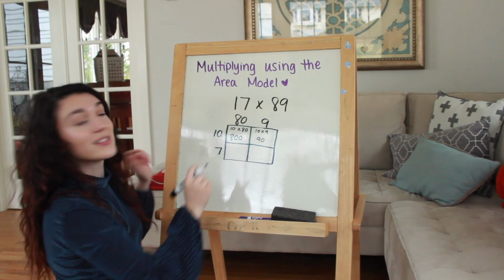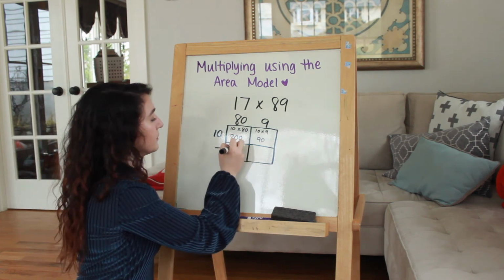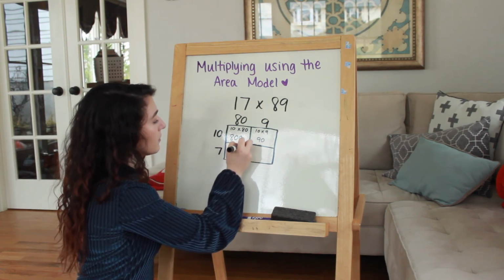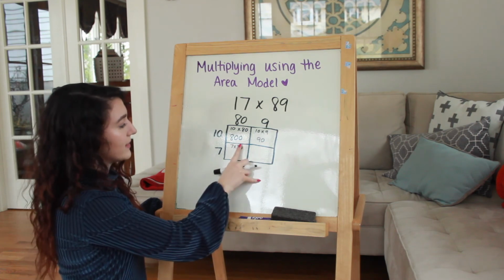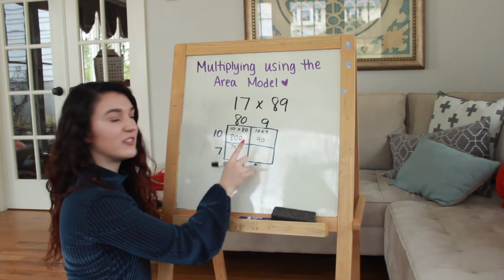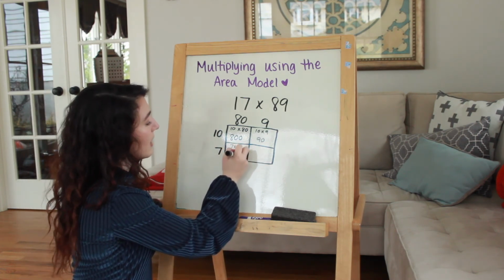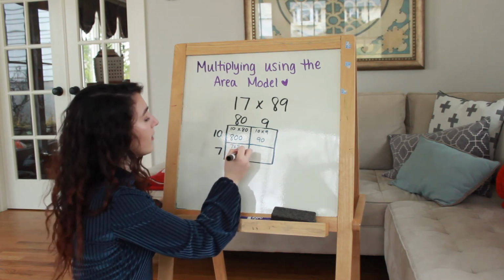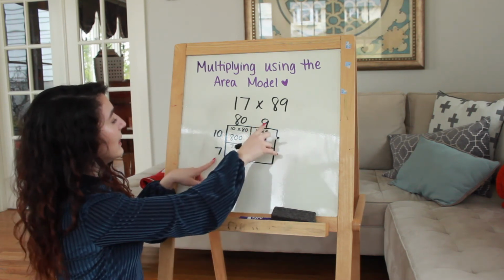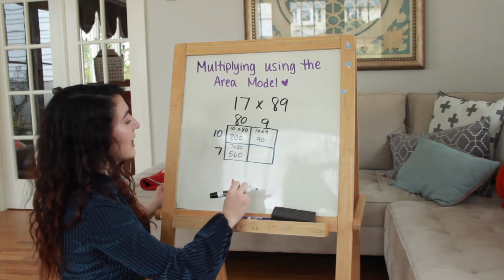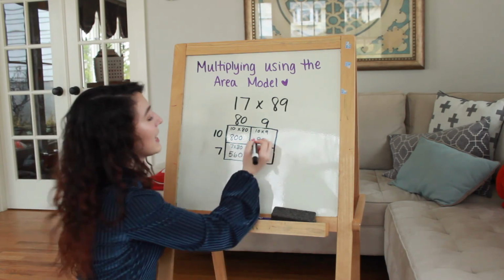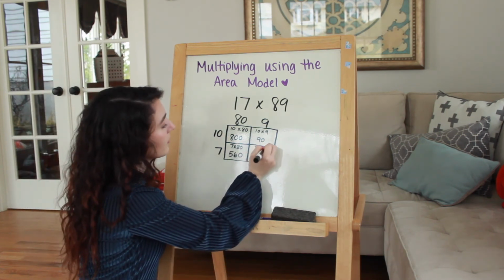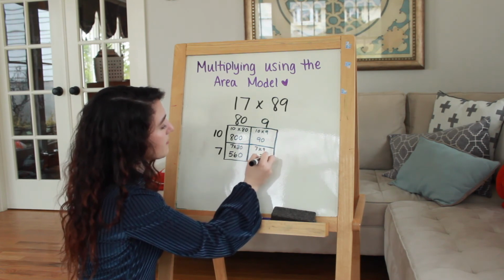Now I need to do 7 times 80. All right, cover up that 0. 7 times 8 is 56. And don't forget to add the 0 back. Now, last but not least is 7 times 9. I know that 7 times 9 is 63.